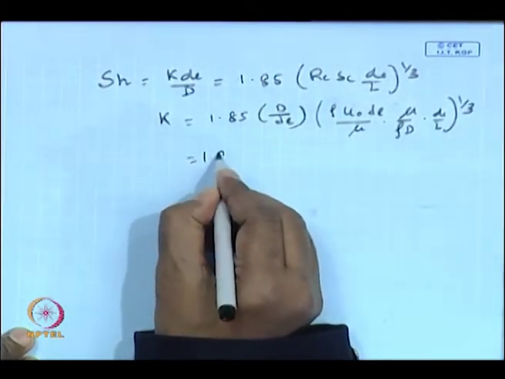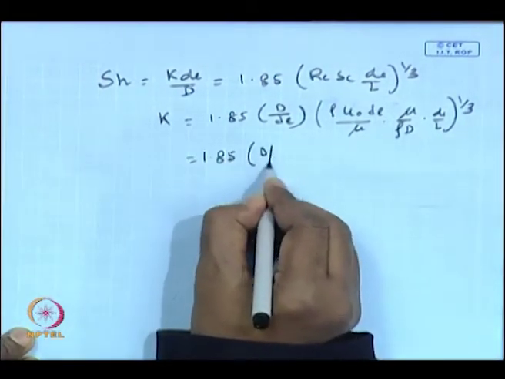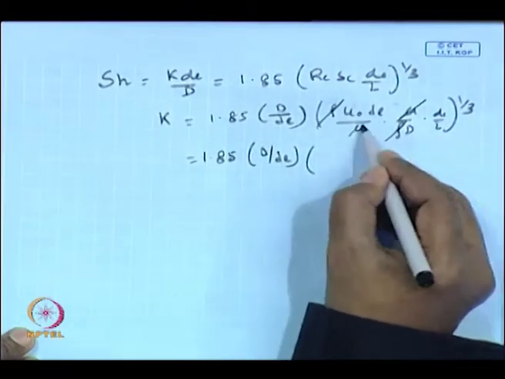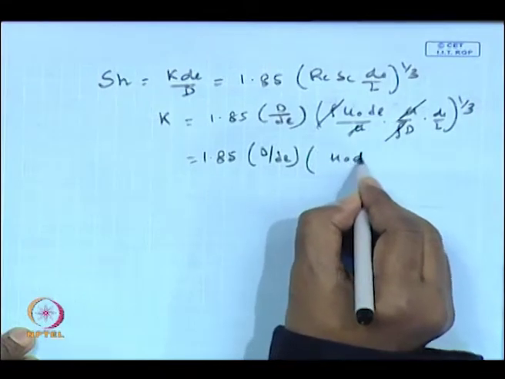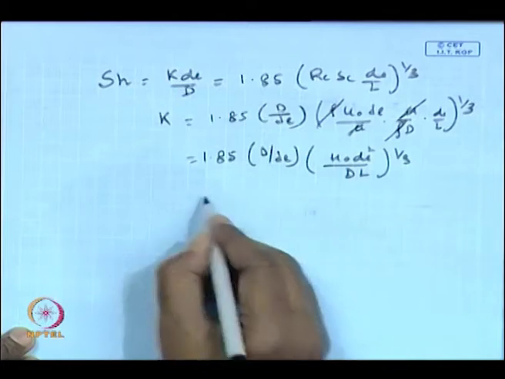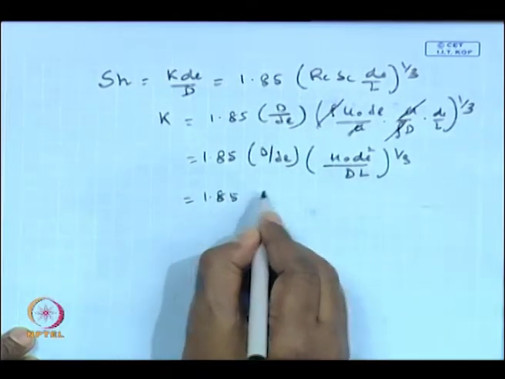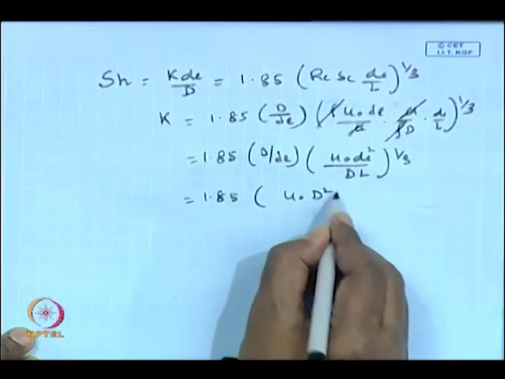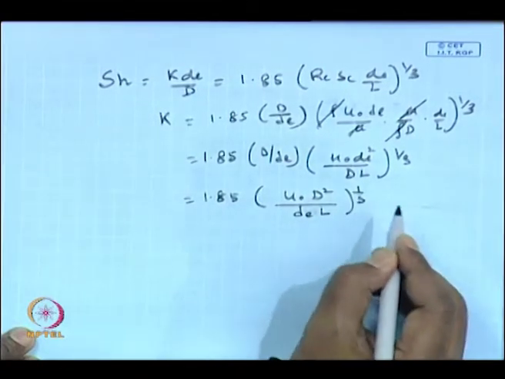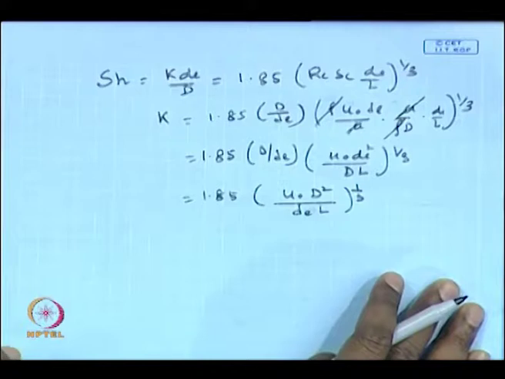So, this becomes 1.85 D over d, rho cancels out, mu is gone. So it will be u0 d square by D d_E L raised to the power 1 upon 3. That is the mass transfer coefficient.